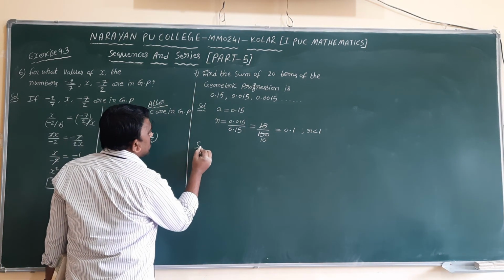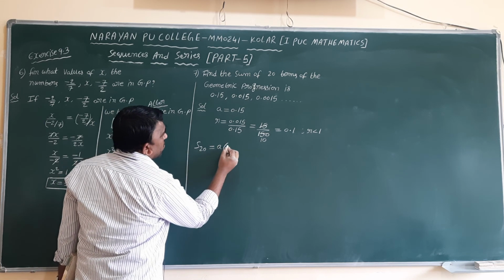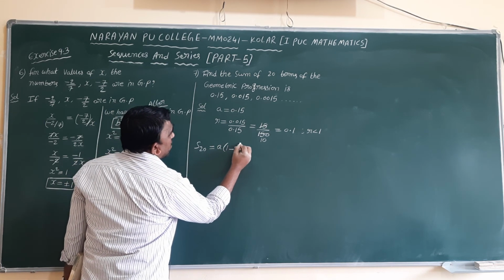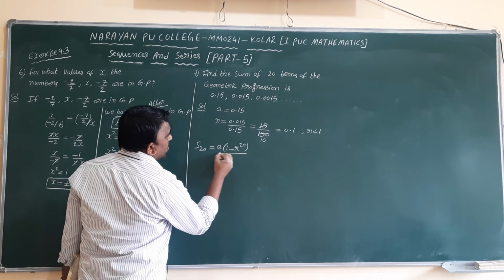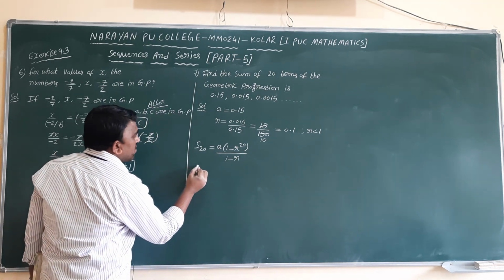So S20 is equal to A into 1 minus R power 20 divided by 1 minus R. S20 is asked.